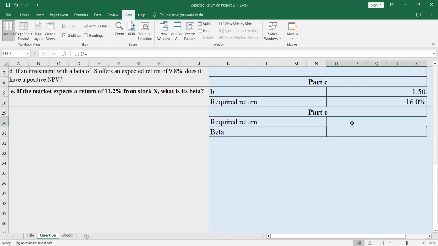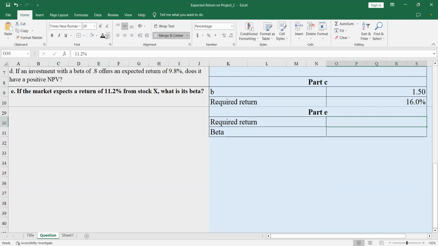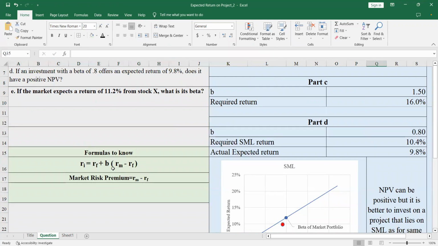What we know for sure is the expected return, 11.2%, and we have to find the beta. For this, we'll have to rearrange the CAPM equation. I know Ri, I know Rf, and I know Rm. All three values are given to me.